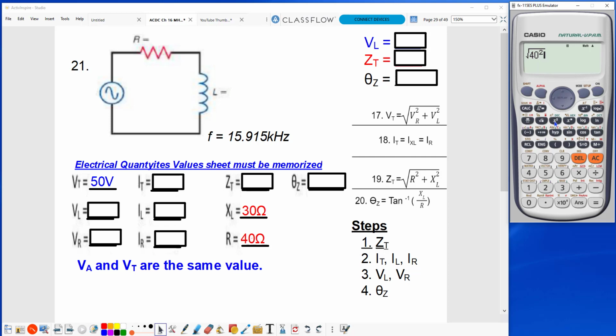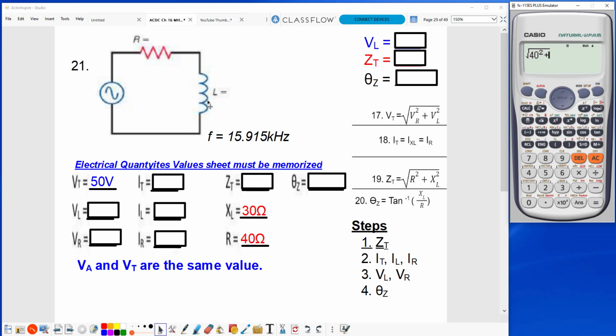So it's going to be 40 squared plus the XL, and XL stands for inductive reactance. It is a type of opposition to current flow, just like resistance is opposition to current flow, but it's a type of resistance to current flow that only happens in AC with an inductor.